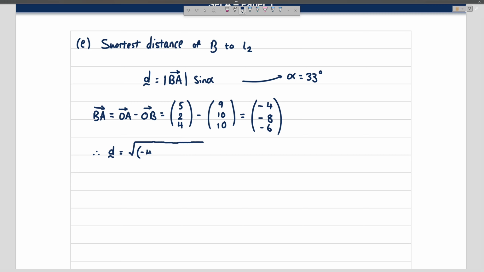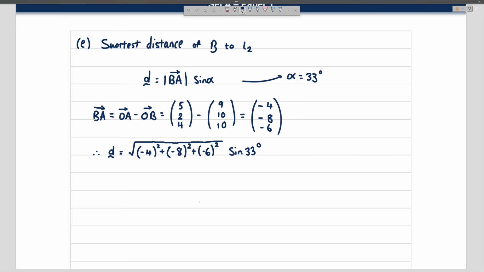So that's minus 4 squared plus minus 8 squared plus minus 6 squared. Okay. And then we times this here by sine of alpha, where alpha is 33 degrees.